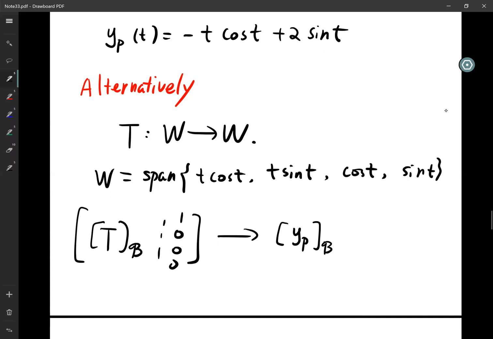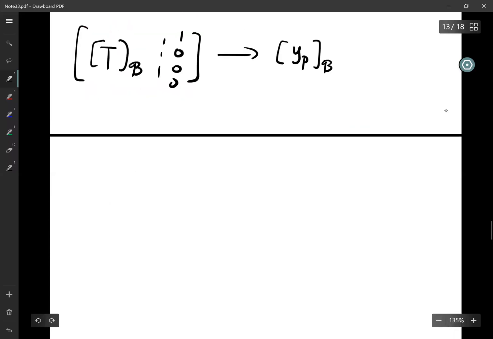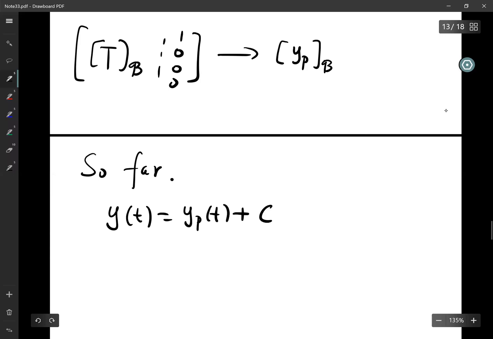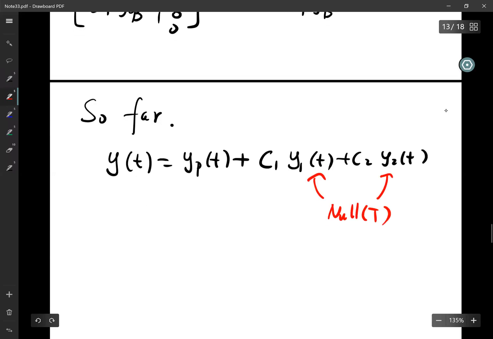Any question? Now let's consider, so far, what we have is yt is ypt plus C1 y1t plus C2 y2t, where these two belong to the null space of T. We still need to figure out C1 and C2.